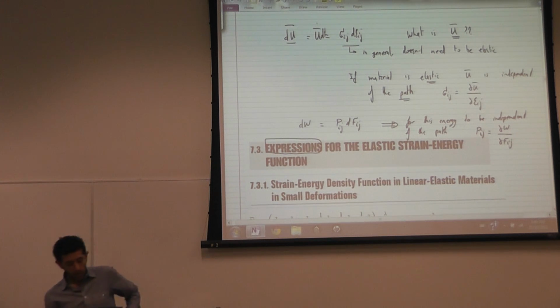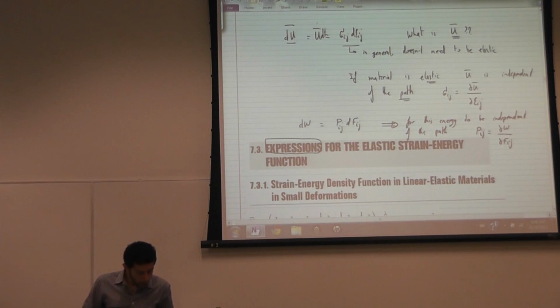So I'm going to realize this for finding expressions for the strain energy density functions.